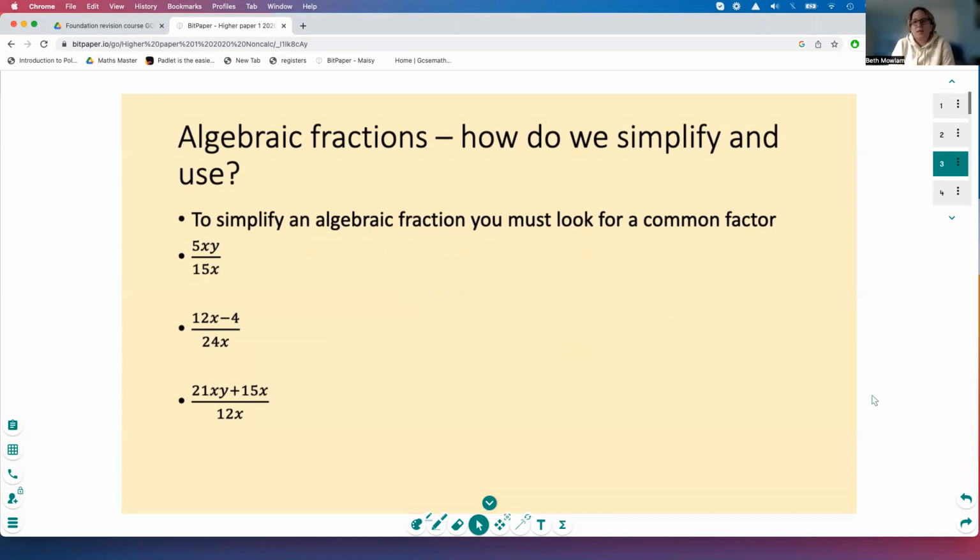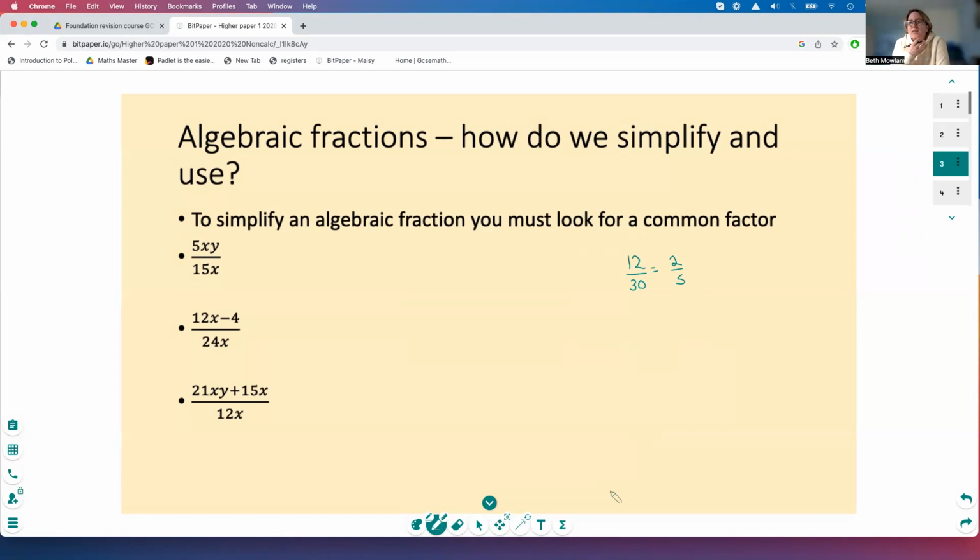If you think back to a numerical fraction, like 12 over 30, to simplify it to its simplest form, I look for a common factor, a number that goes into both 12 and 30, and then I divide both the top and the bottom by that same number. So 6 goes into both. That would be 2/5.